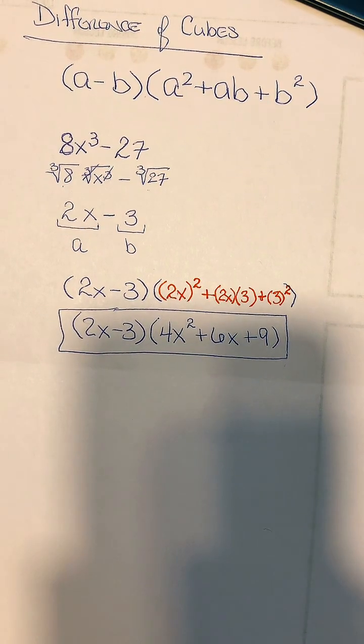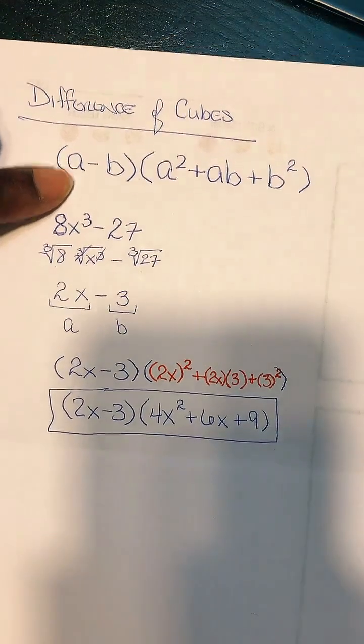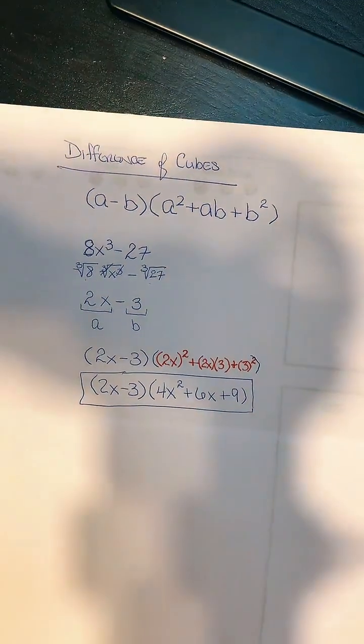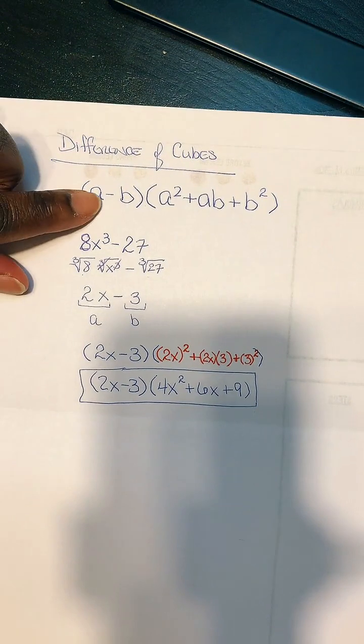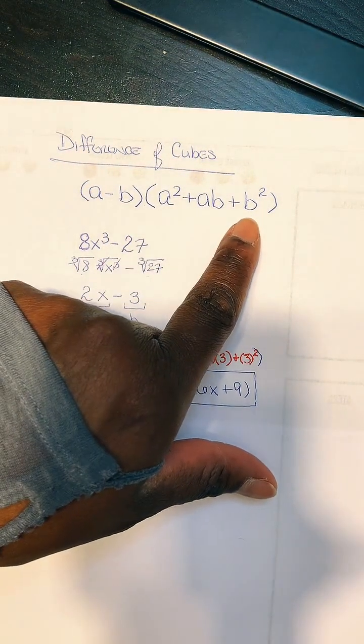Okay? So it's really getting to know the first thing. If they say do the difference of cubes, the first parenthesis is going to be minus, and the rest will be plus.